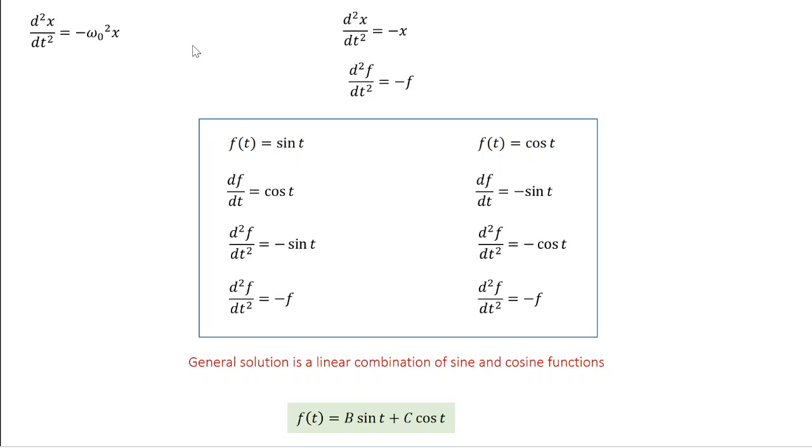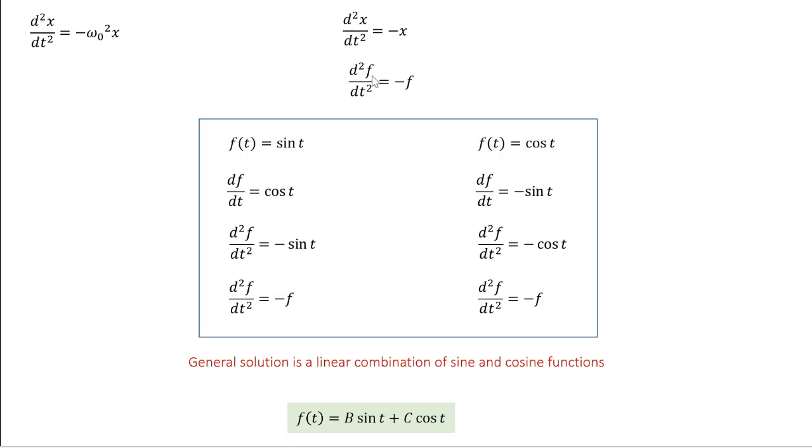So you can simplify this and write d square x by dt square equal to minus x. So basically, you want to find a function whose second derivative is the negative of the function itself. So you want to find f such that d square f by dt square equal to minus f, right? That's what you want to get.